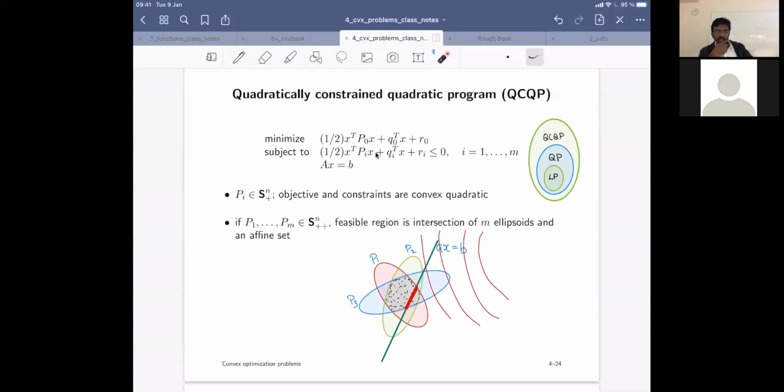But the interesting thing is, all the classes that we are seeing here are standard forms of this hierarchy inside the convex problem. All these are very well studied and can be very easily solved.